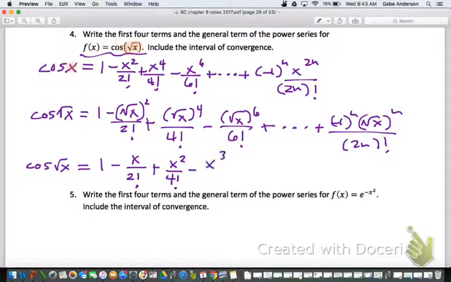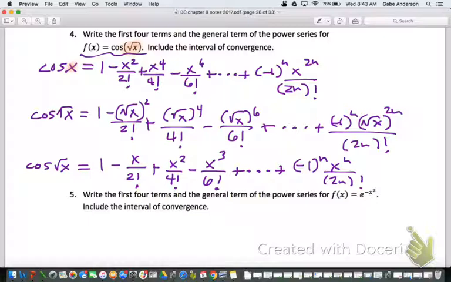Minus x to the 3rd over 6 factorial plus dot dot dot plus negative 1 to the n, and then oh, darn it, I forgot my 2 here. Sorry, I think I was thinking one step ahead and messed that up. So it would be root x to the 2n. So root x squared is just x, so it would be x to the n over 2n factorial. Sorry about those little oopses there. I think I caught them. Okay, so that would be a power series for cosine of root x.